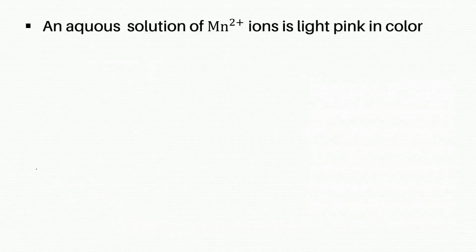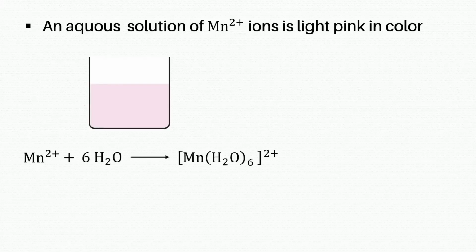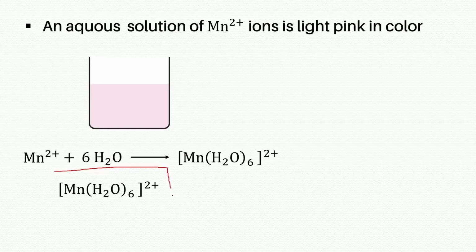An aqueous solution of Mn2+ ions, manganese 2+ ions, is light pink in color. This is the color, light pink. Mn2+ ions also bond with water molecules to form this complex ion in the aqueous solution: [Mn(H2O)6]2+.